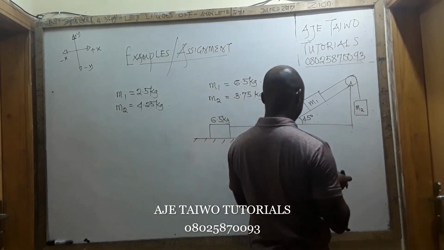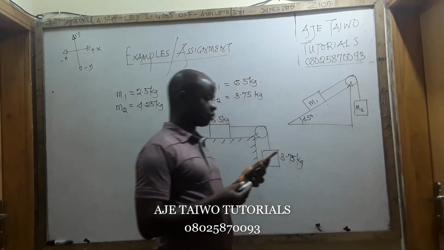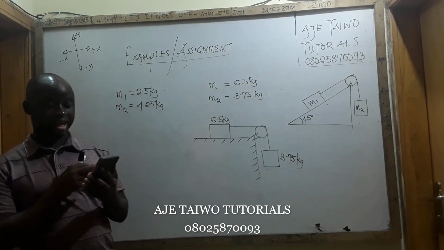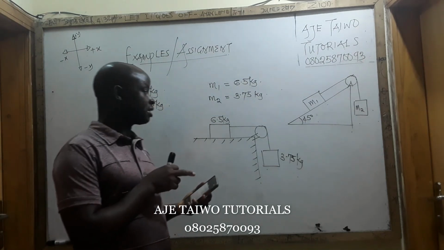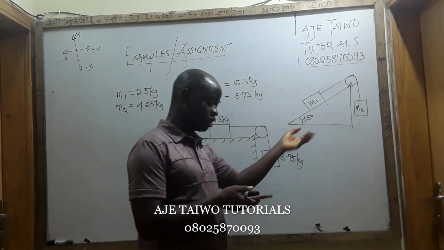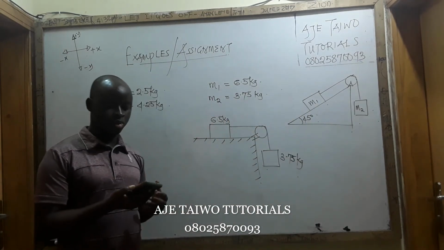So to find what? At what angle of inclination will the masses stop accelerating? That is, 45 will reduce to something. What will it reduce to before this body will stop moving?